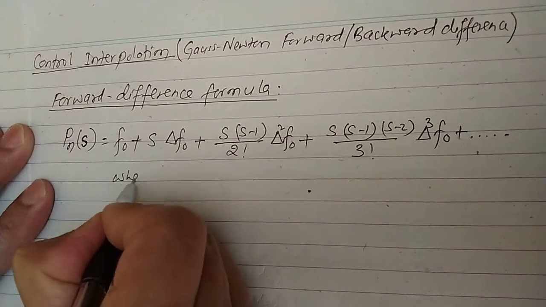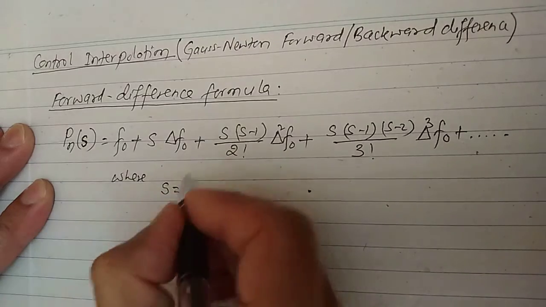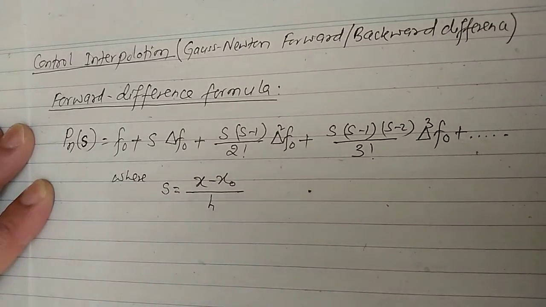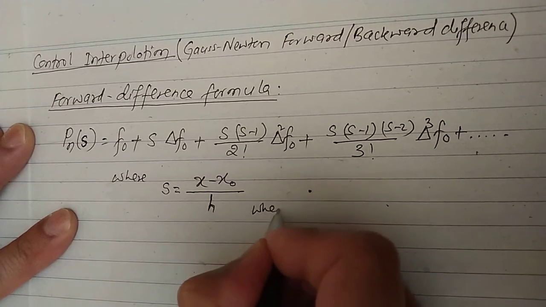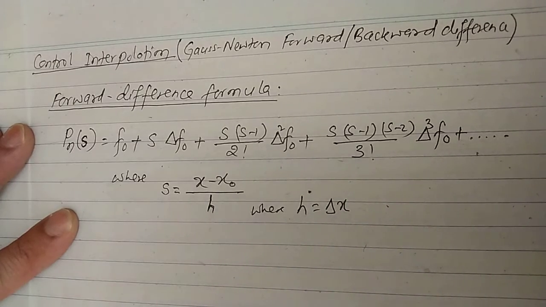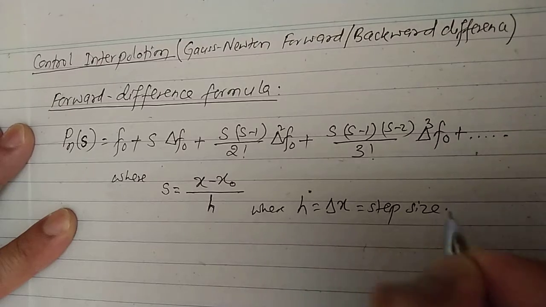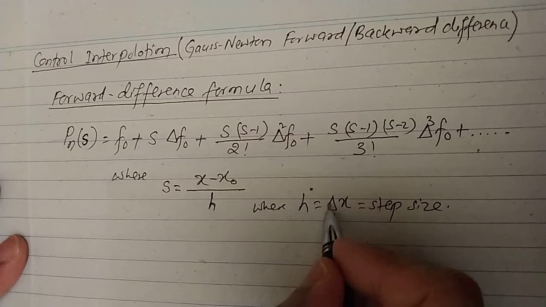Where s is expressed in terms of x as (x minus x0) divided by h, where h is the x interval, or the change in x, or the step size.